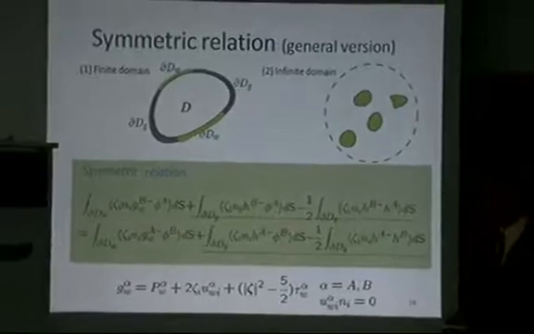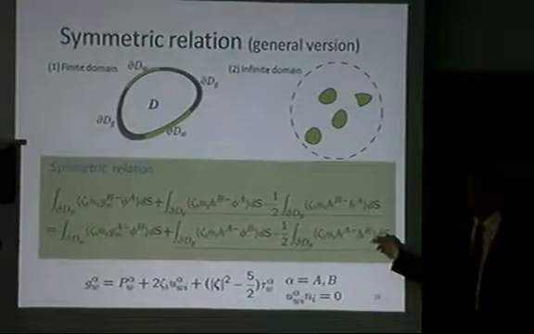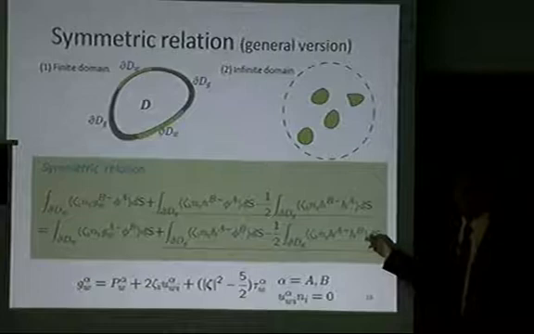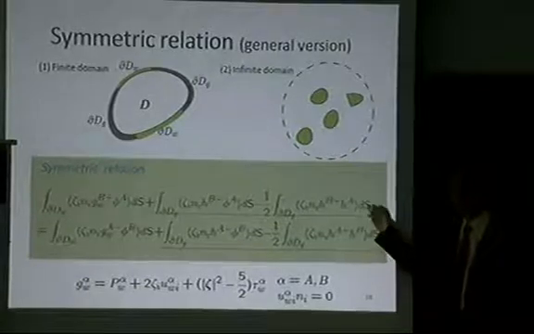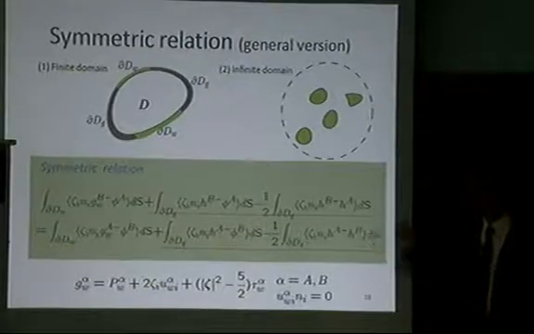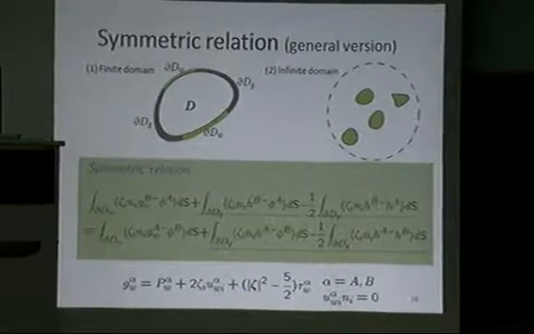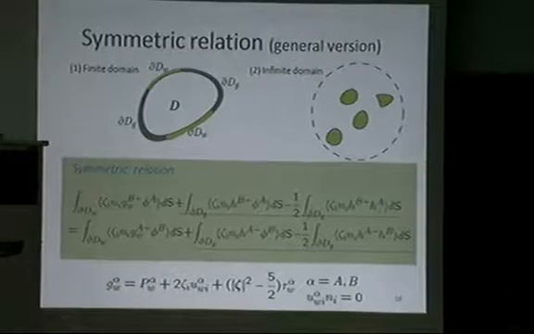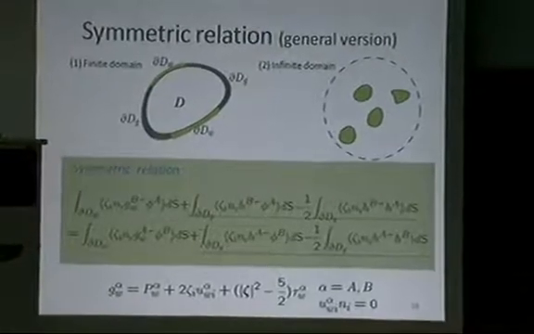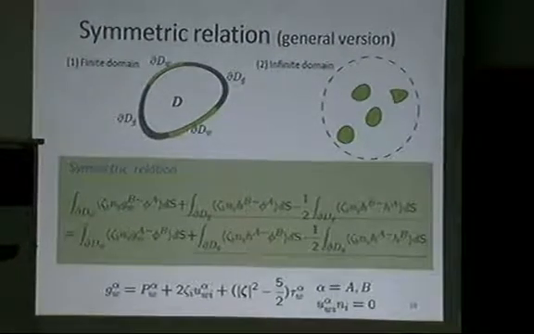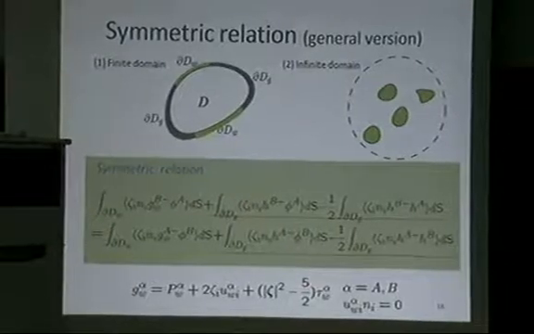So therefore, in general, it may remain. It doesn't vanish. So this is the only difference from the previous symmetric relation. But anyway, the roles of A and B are symmetric again. Okay?